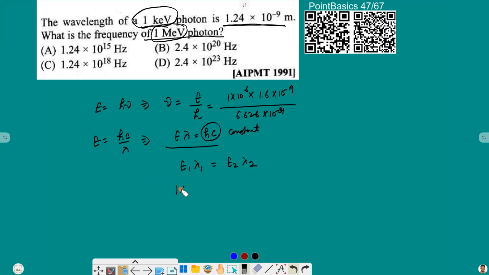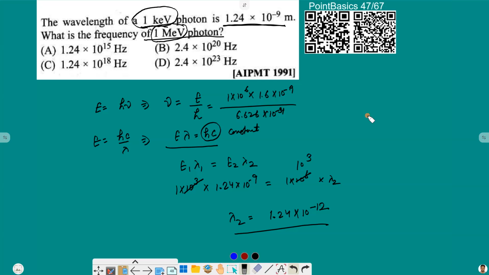So the energy of the first one is 1 into 10 raised to power 3 into lambda, that is 1.24 into 10 raised to power minus 9. And the second energy is 1 into 10 raised to power 6 into lambda 2. So from this, our calculation becomes easy. So lambda 2 is 1.24 into 10 raised to power minus 12. That is lambda.